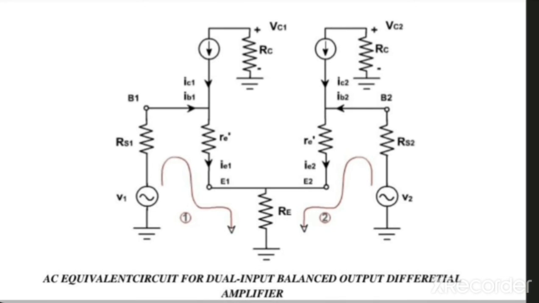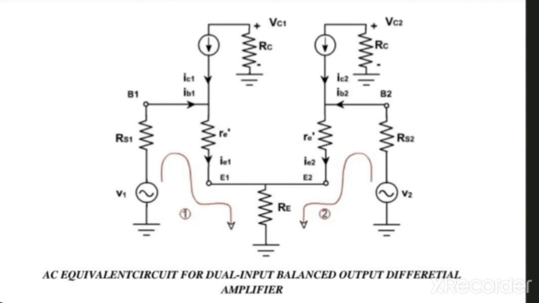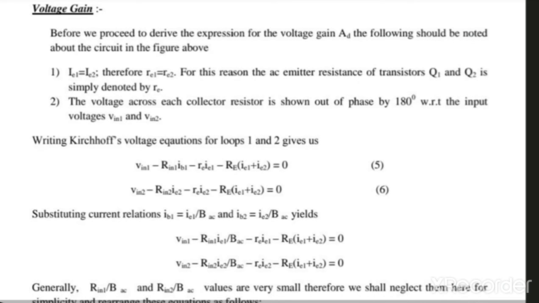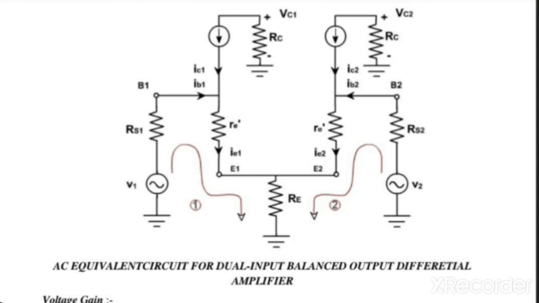Here the two transistors Q1 and Q2 are replaced by T equivalent models. Now we will apply Kirchhoff's voltage law for the loops 1 and 2.